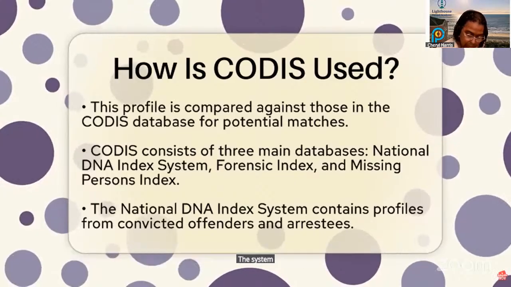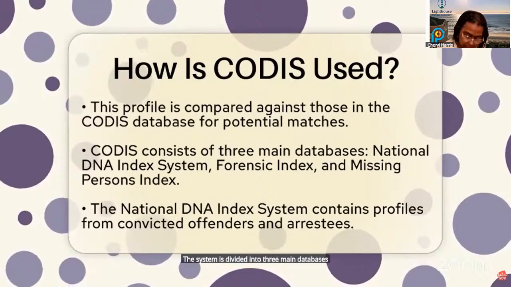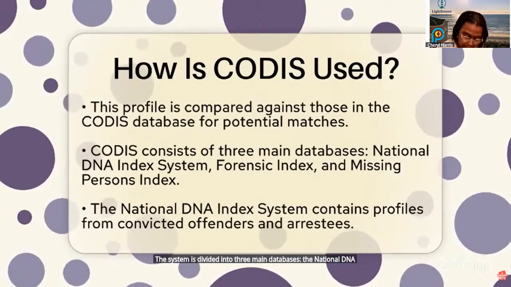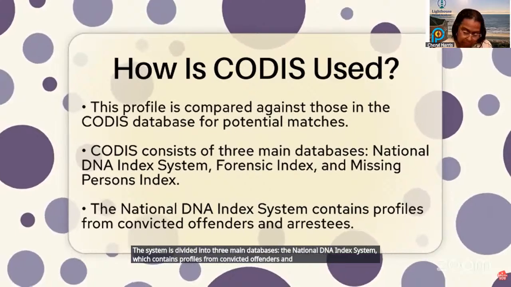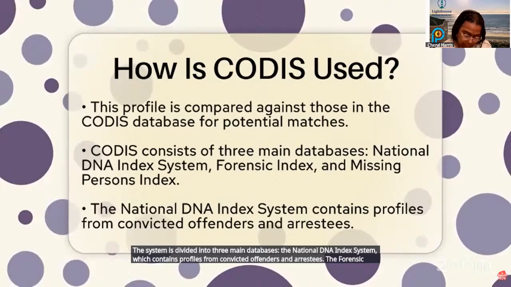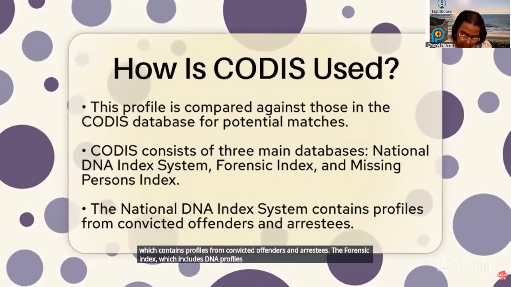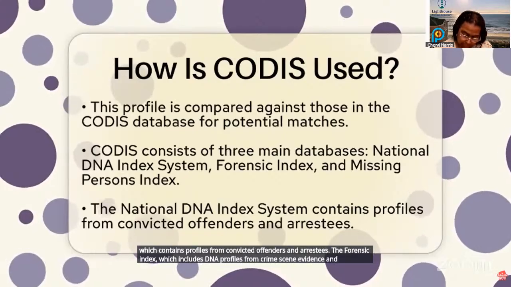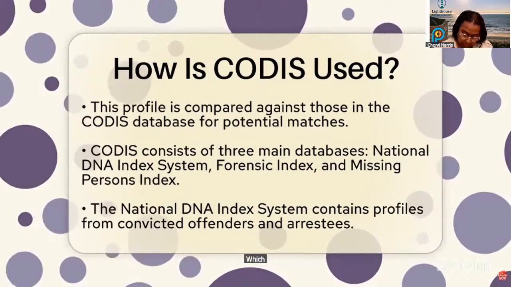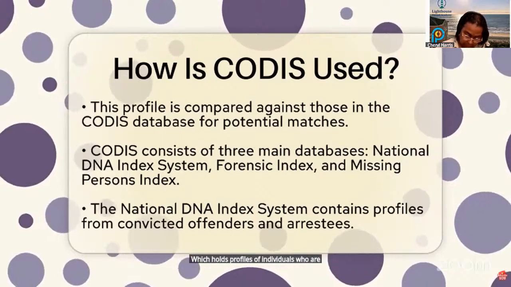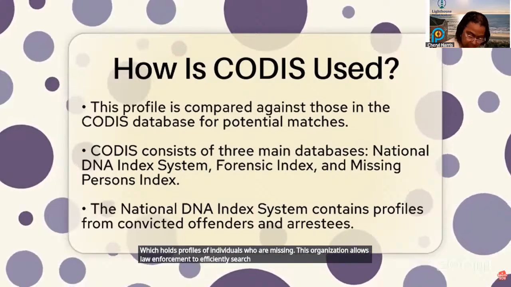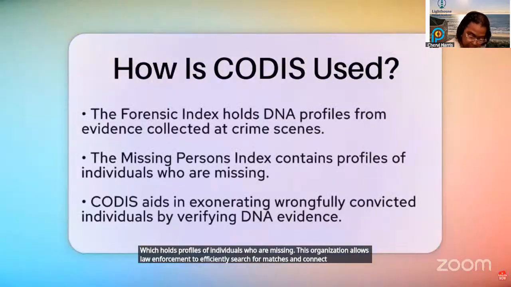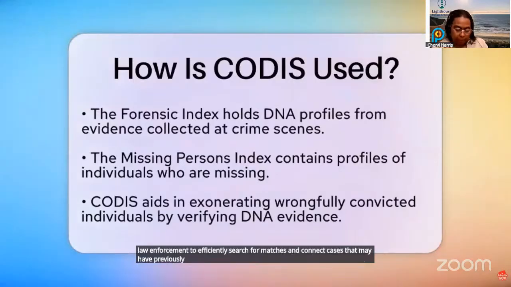The system is divided into three main databases: the National DNA Index System, which contains profiles from convicted offenders and arrestees; the Forensic Index, which includes DNA profiles from crime scene evidence; and the Missing Persons Index, which holds profiles of individuals who are missing. This organization allows law enforcement to efficiently search for matches and connect cases that may have previously seemed unrelated.